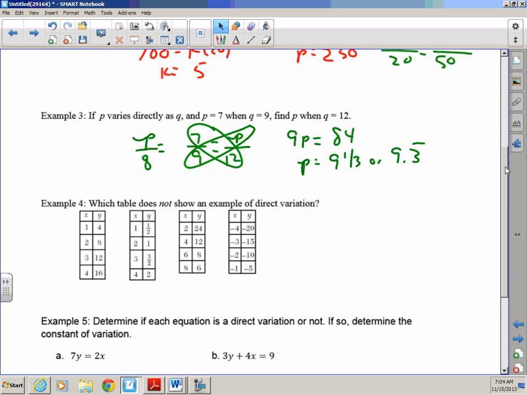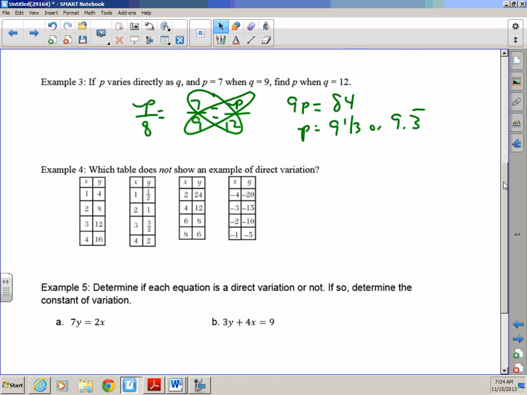Now, which table does not show an example of a direct variation? So what this means is, what you have to figure out, if there is a constant value for x, that when you multiply it, you get this value of y. So if you look here, x is being multiplied by 4, so that's a direct variation.